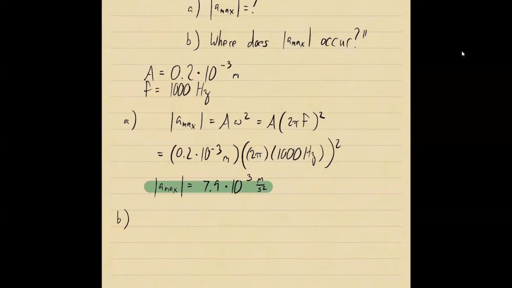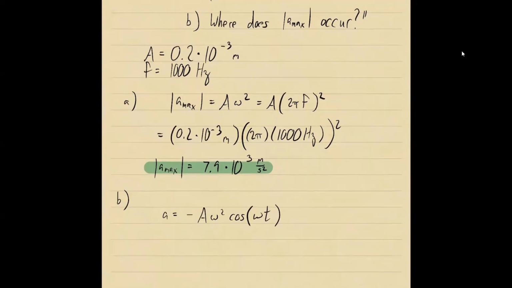we know that our acceleration is equal to minus A omega squared times cosine of omega t. And if we set the acceleration of the diaphragm of the speaker equal to its max value, that's going to be equal to plus or minus A times omega squared.